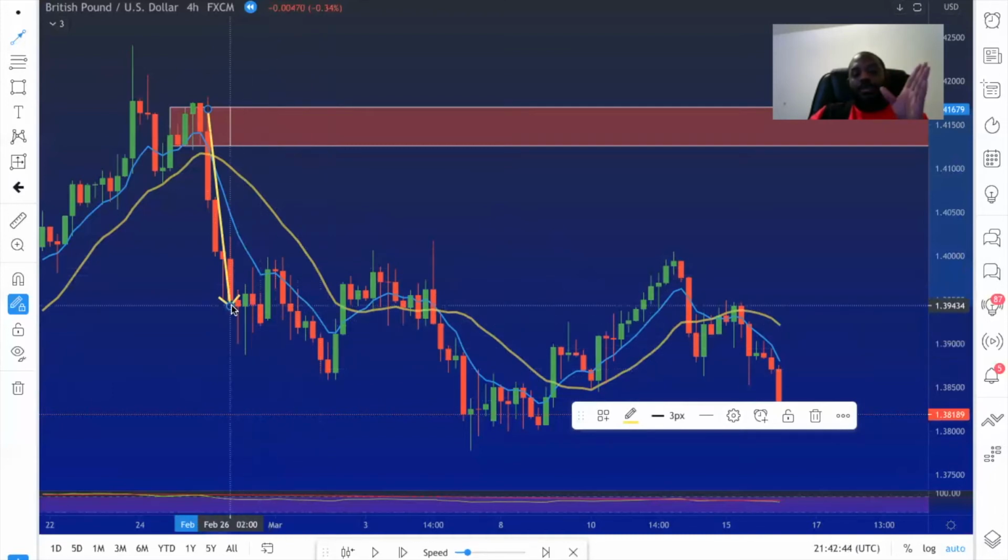Reversal. But remember, the swing down is a two-phase move, and you can actually measure the move.